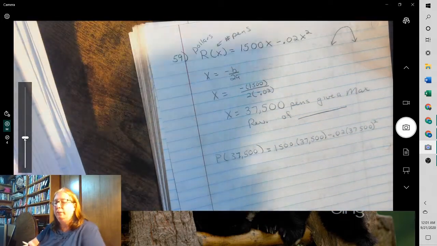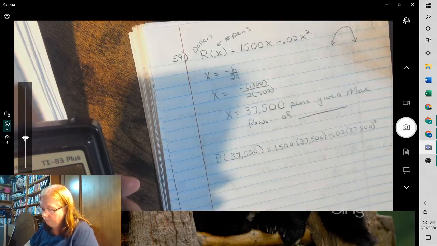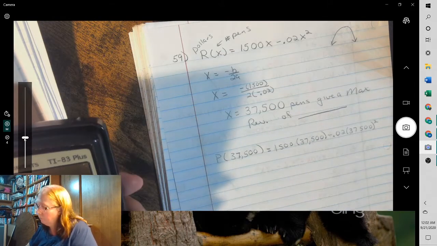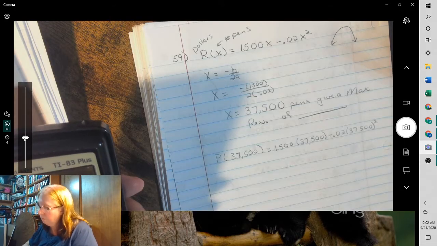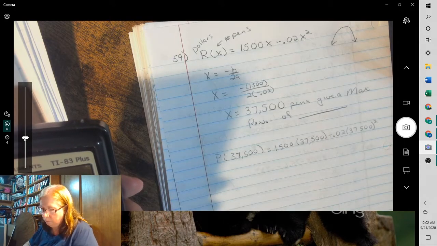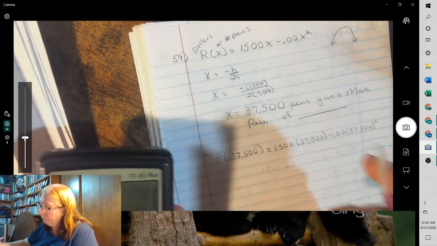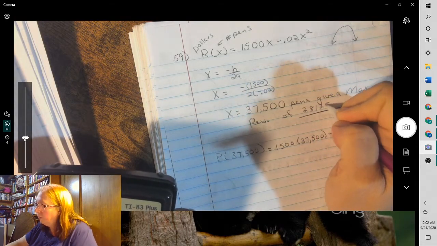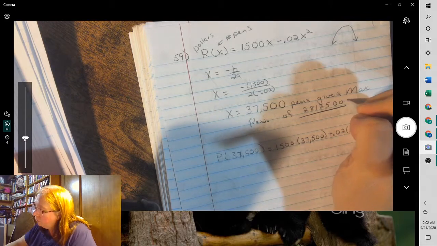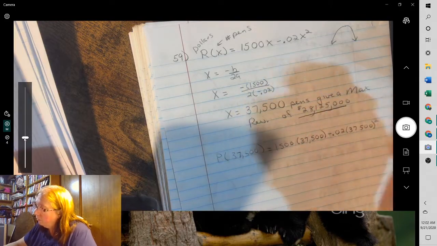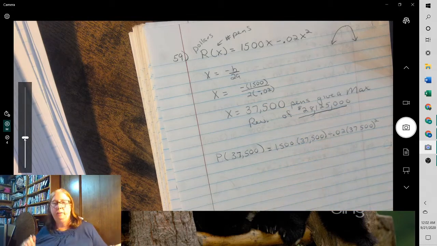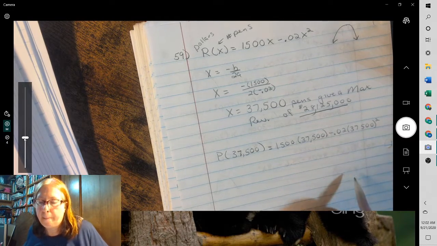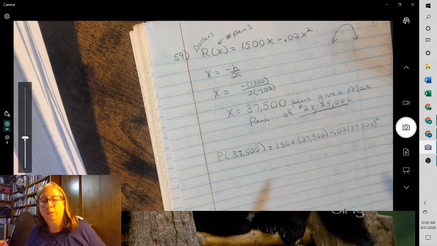We plug that in our calculator. Some nice revenue. 28125 and 3 zeros. $28,125,000. So that's everything in 3.1.